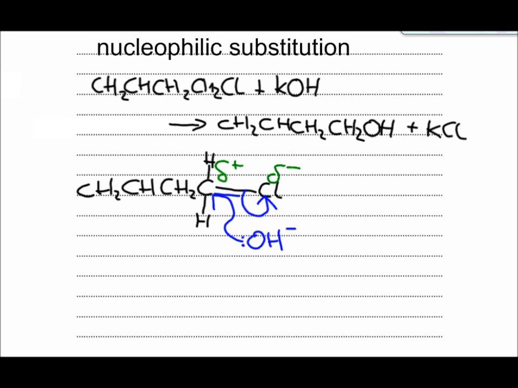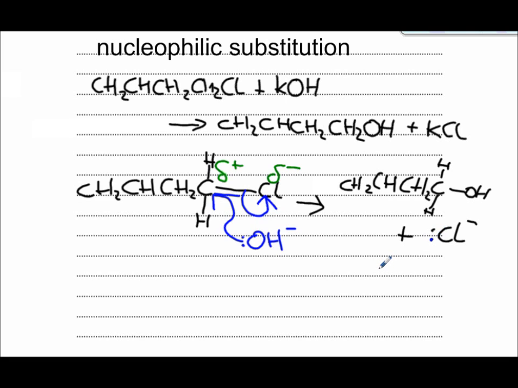That then goes on to give my product, which is the same CH2, CH, CH2, CH, H, now OH, and very importantly, plus the Cl minus with its lone pair.